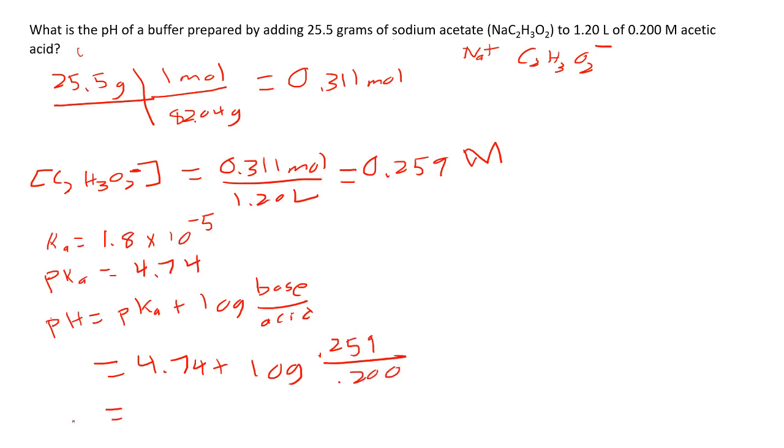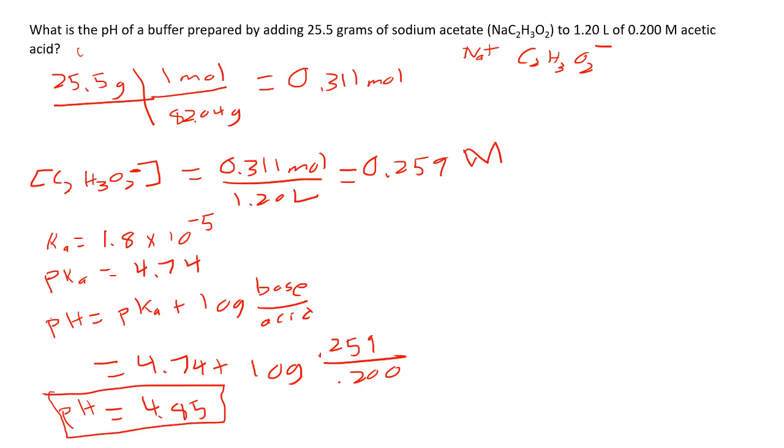If we plug all that in, we're going to get that our pH is equal to 4.85, which makes sense because we have slightly more base than acid, so we expect the pH to be higher than the pKa. So this is going to be a pH 4.85 system if we prepare the buffer in this way.